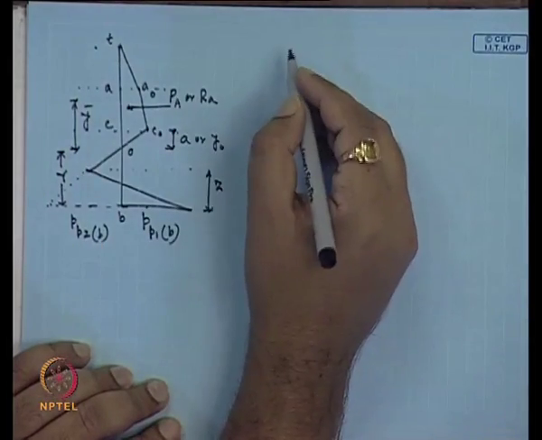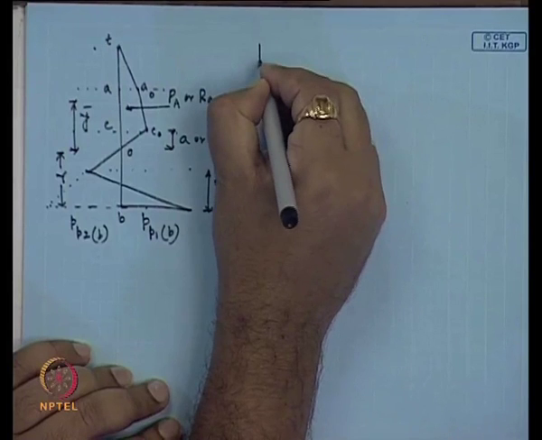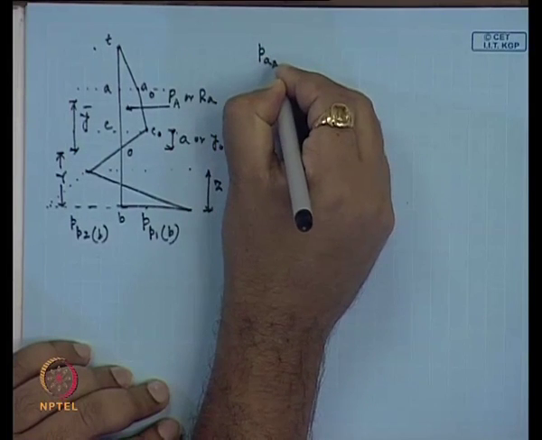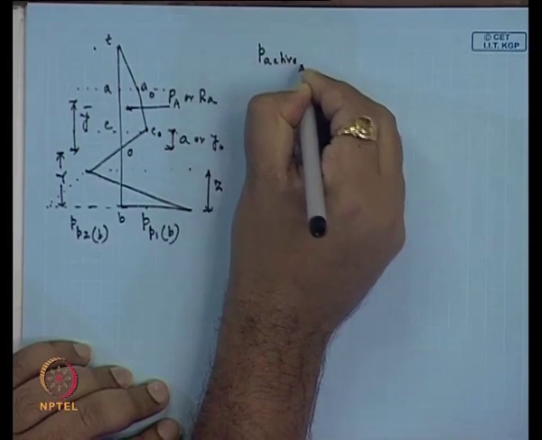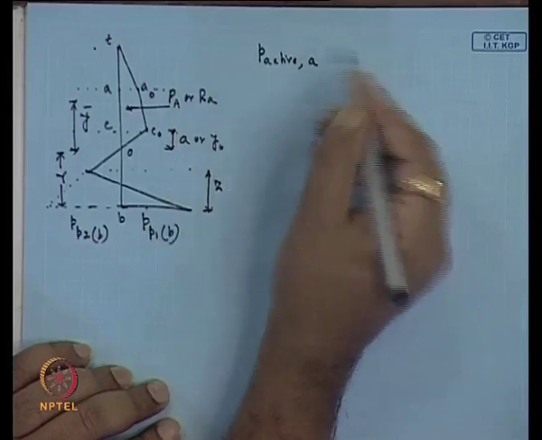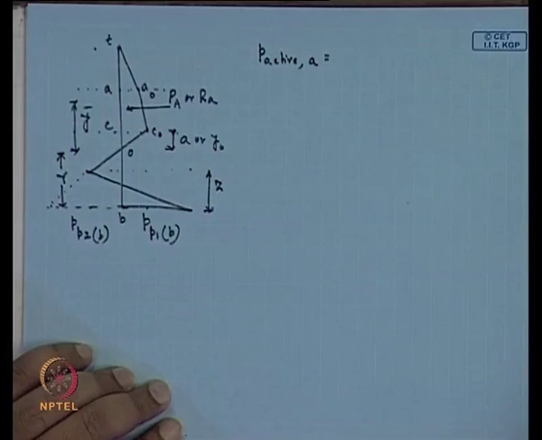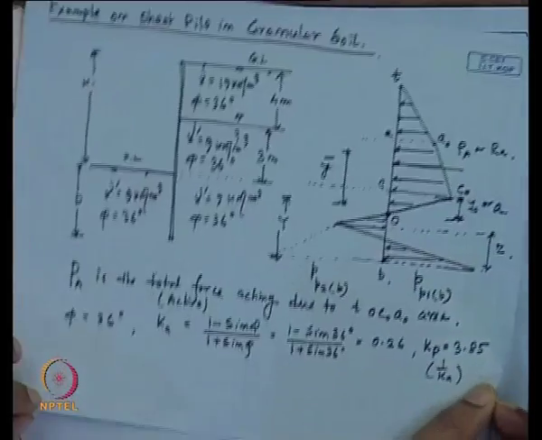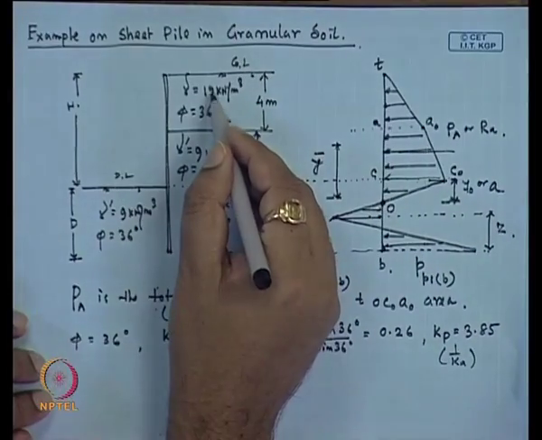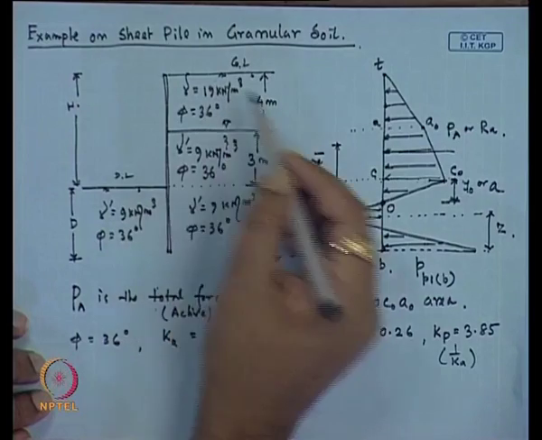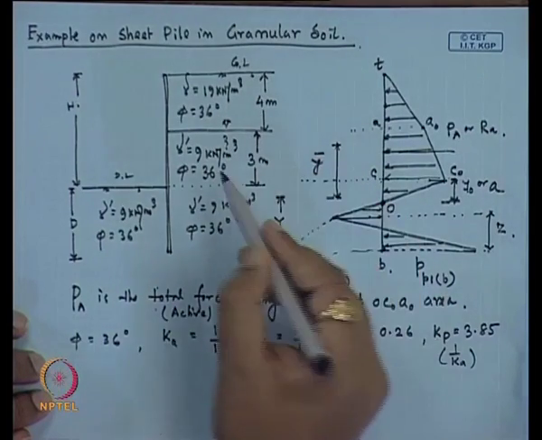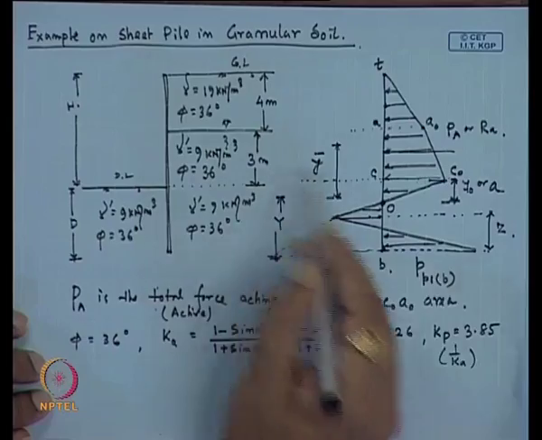Now, first if I calculate the active pressure at A point, I mean at this level, then as we have considered the properties of the soil, this is 19 kilonewton per meter cube for the top, height is 4 meter, this is 9 and 3 meter.